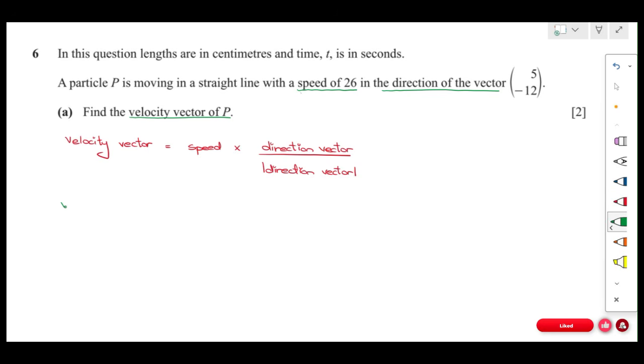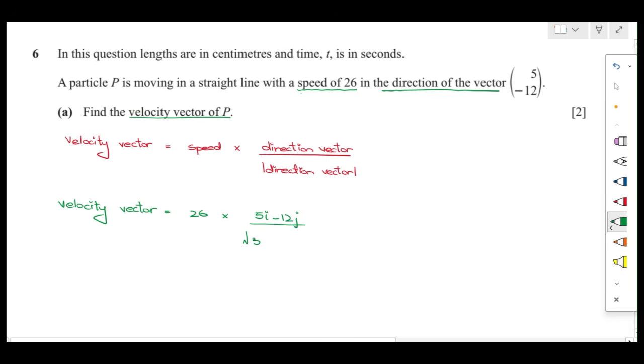Here the speed is 26, multiplied by the direction vector, which we can write as 5i minus 12j, divided by the magnitude of this vector.